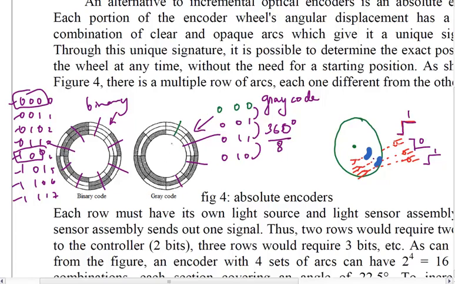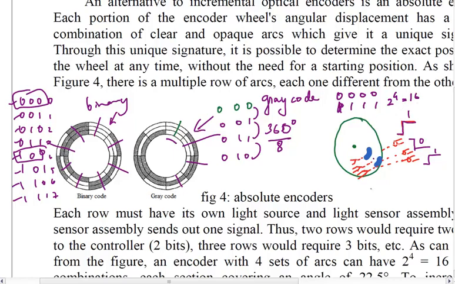Like that, if I have 4 rows, it will start from 0, 0, 0, 0 and go up to 1, 1, 1, 1. Correct? So how many sectors will we have? We will have 2 raised to power 4, which is 16 sectors.